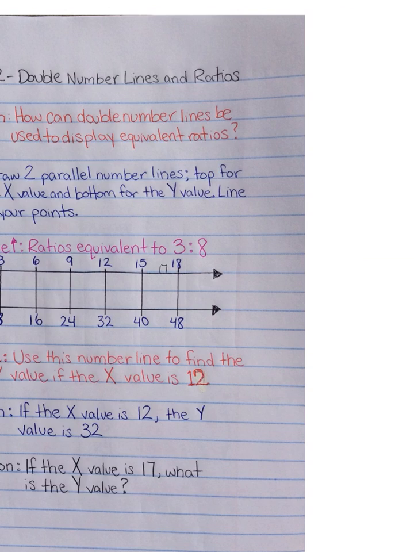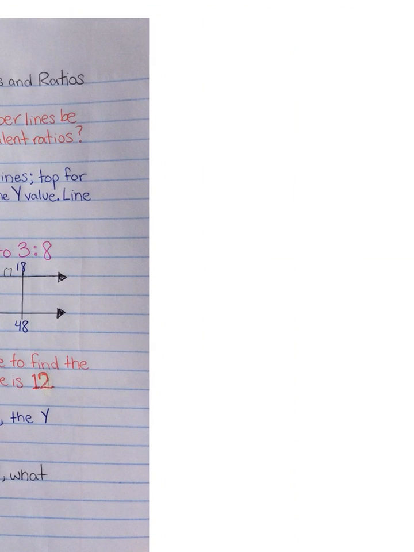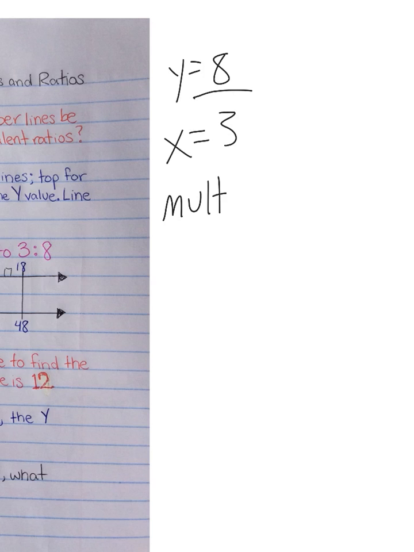Come over here, give ourselves a little bit of room to work with. Now, we're dividing our y equals 8 by our x equals 3. If we're dividing, all we have to do is put a little division bar in between. So our multiplicative constant is 8/3.